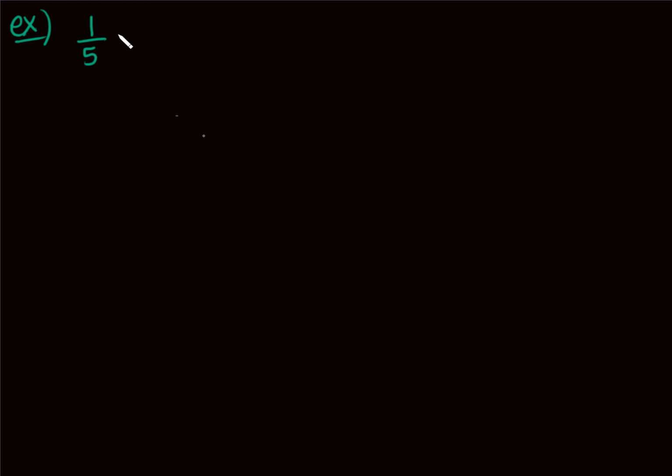So what if I had 1/5 x squared, again, solve by completing the square, minus x equals 0. Okay, so my first step, remember, is I want to get a 1 in front here. So I could divide by 1/5 if I wanted to, but that can always be a little bit weird.